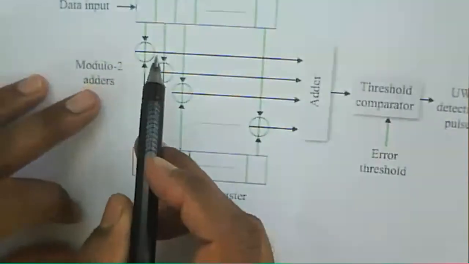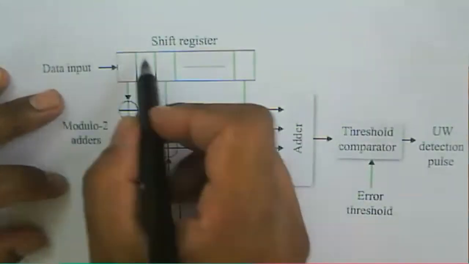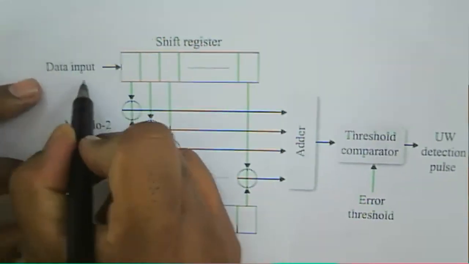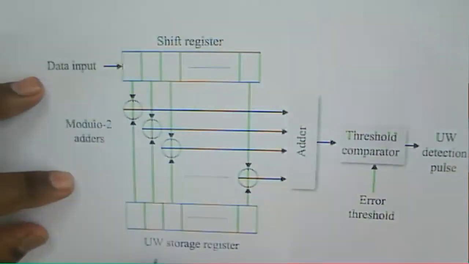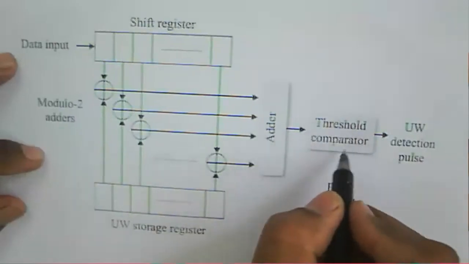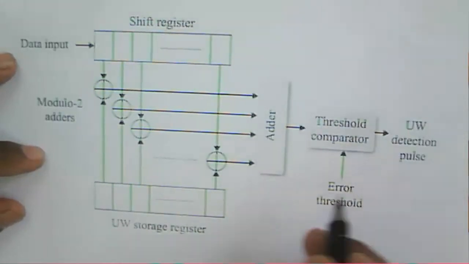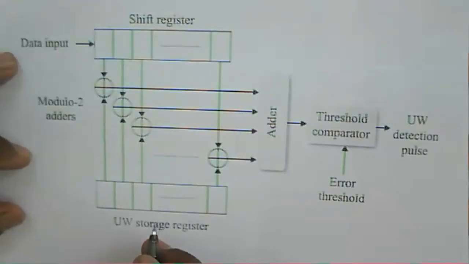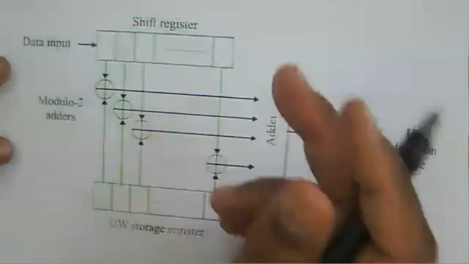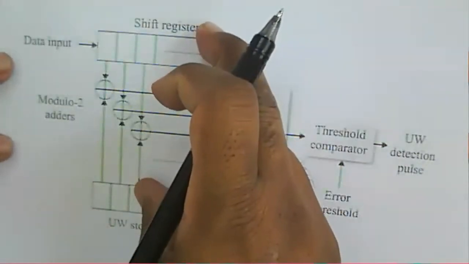Here, it has a shift register. This one is about a data input, modulo-2 adders, a unique word storage register. This adder. This is about a threshold comparator, error threshold, and it will detect that unique word detection pulse. And this is the unique word detector.